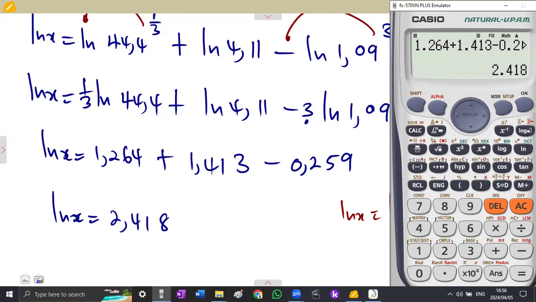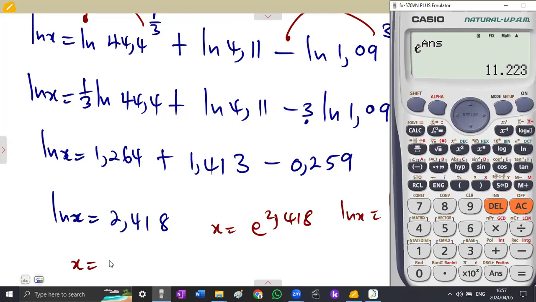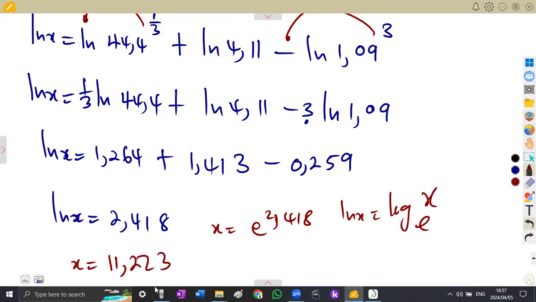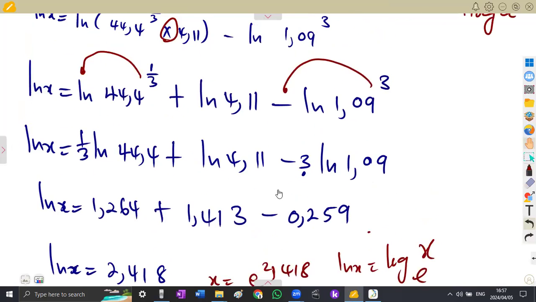So it's shift ln, we've got the e now, to the exponent of the answer that we have. So to find x, you find the antilog of that. So x is equal to e to the exponent of 2,418, which is going to be 11,223. So this is what you're going to have at the end.